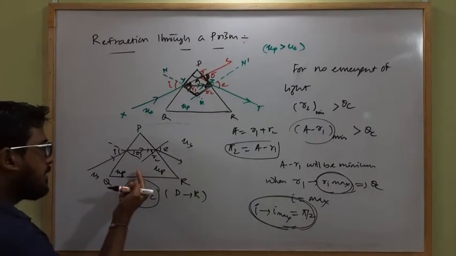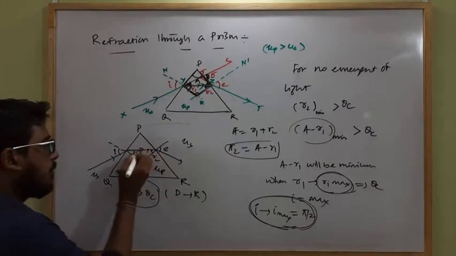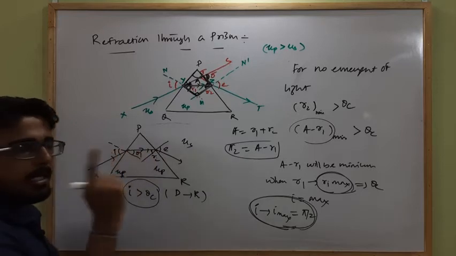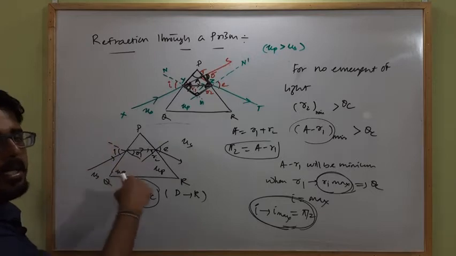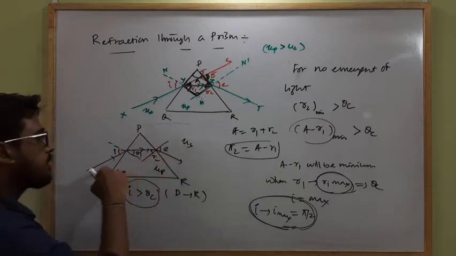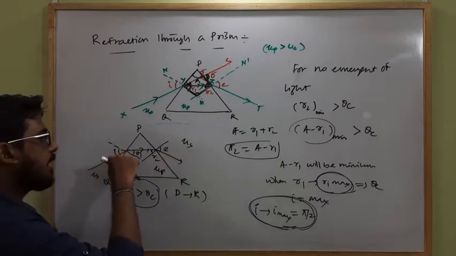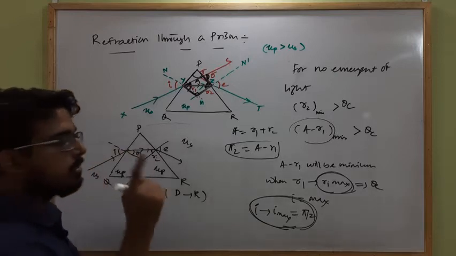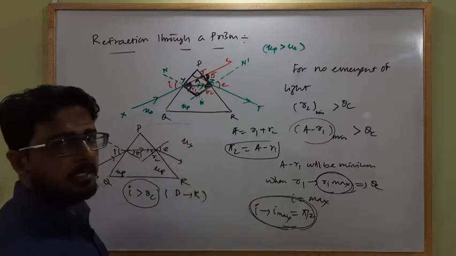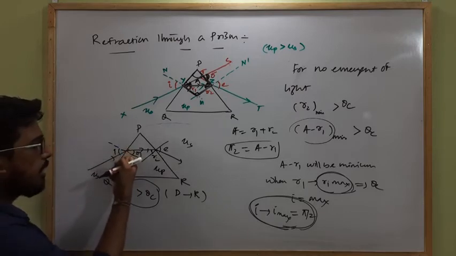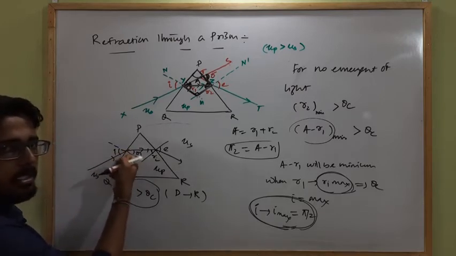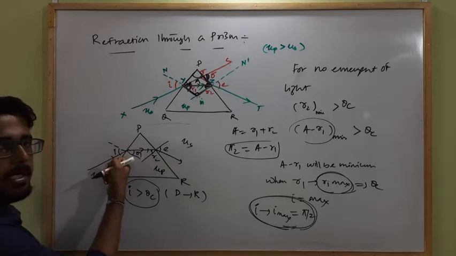If I am incident a ray from denser to rarer medium at an angle of critical angle, what is the angle of refraction? Will be 90. During the reverse process, when angle of incidence is 90, what is the value of angle of refraction? It will be the critical angle, because when light travels from denser to rarer medium, if the incidence angle equals the critical angle, the refracted angle will be 90.